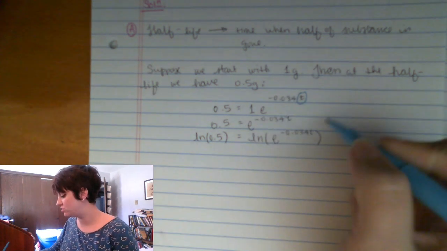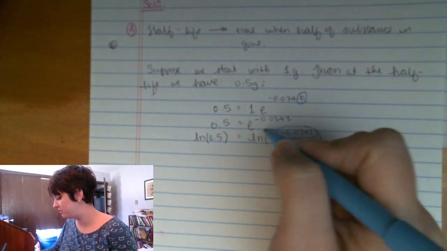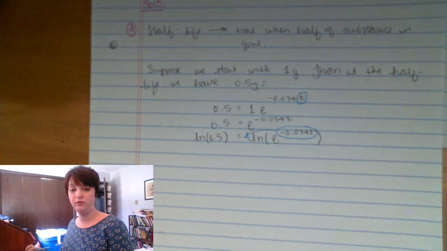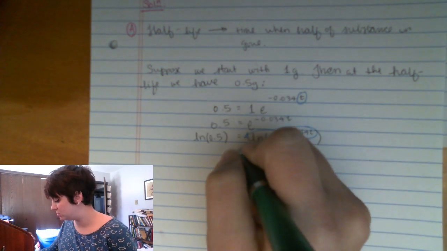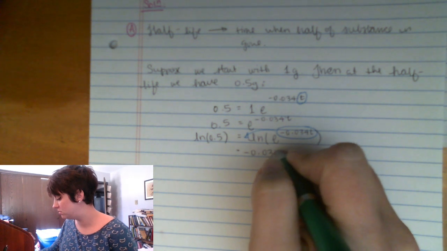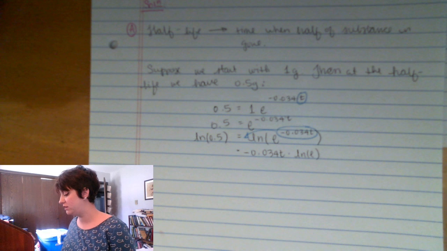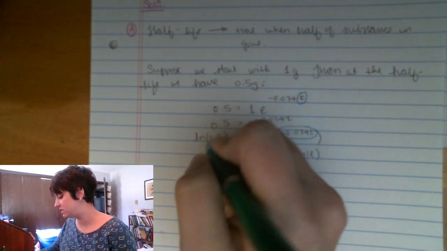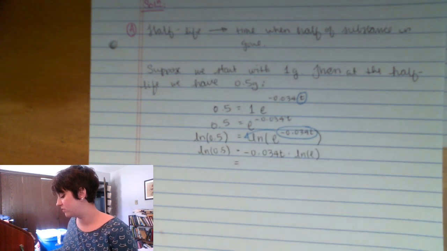Why do we take a natural log of both sides? Because logarithms liberate powers. So the only way to get a variable out of an exponent is to use a logarithm. So this comes down. So negative 0.034 t times the natural log of e is the natural log of a half.